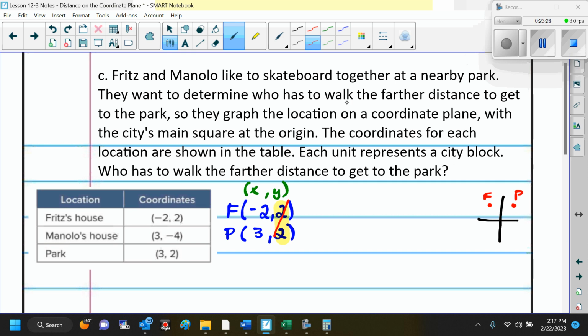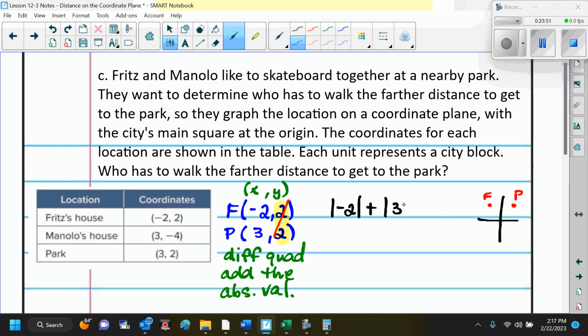So that means we are in different quadrants. That means we want to add the absolute values. Okay, so we've got the absolute value of negative 2 plus the absolute value of 3. So that's 2 plus 3, which is equal to 5 units.